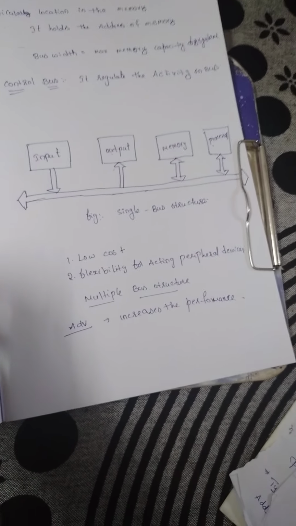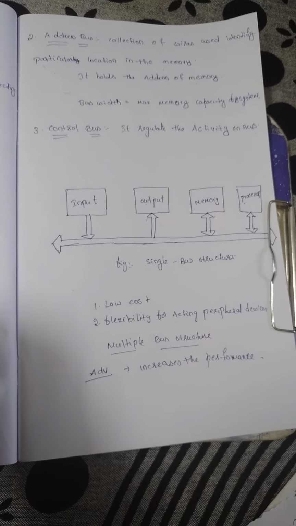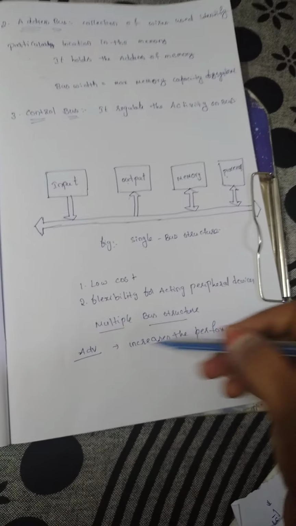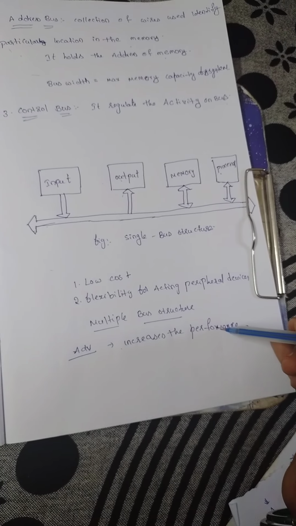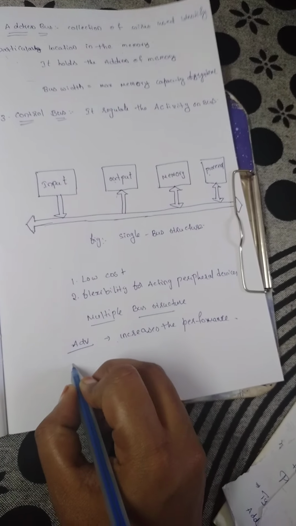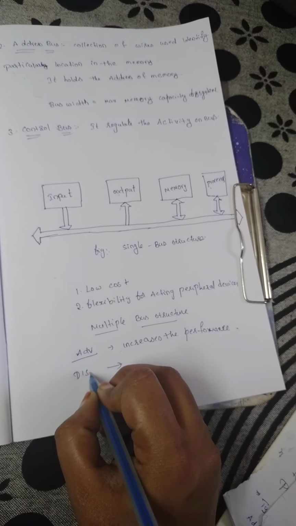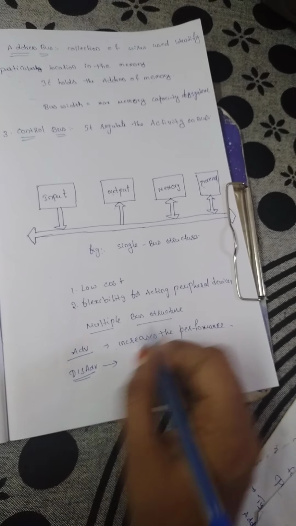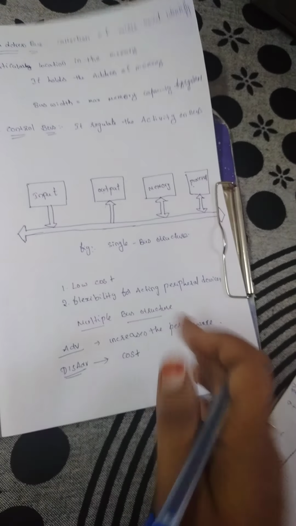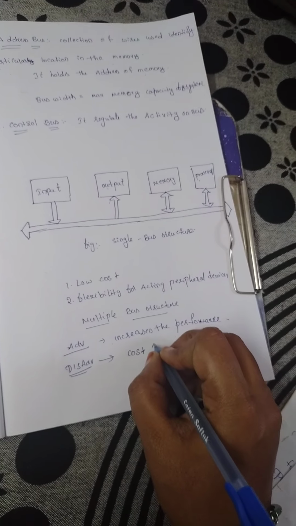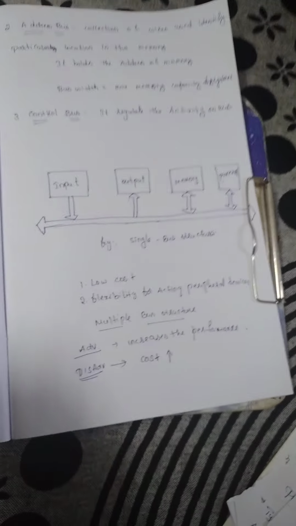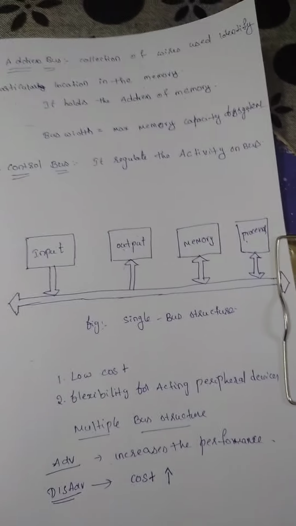If the data transferring is performed in parallel, the speed of the system increases, and speed increases means automatically the performance of the system increases. But the disadvantage of multiple bus structure is that along with performance, cost also gets increased compared with single bus structure.